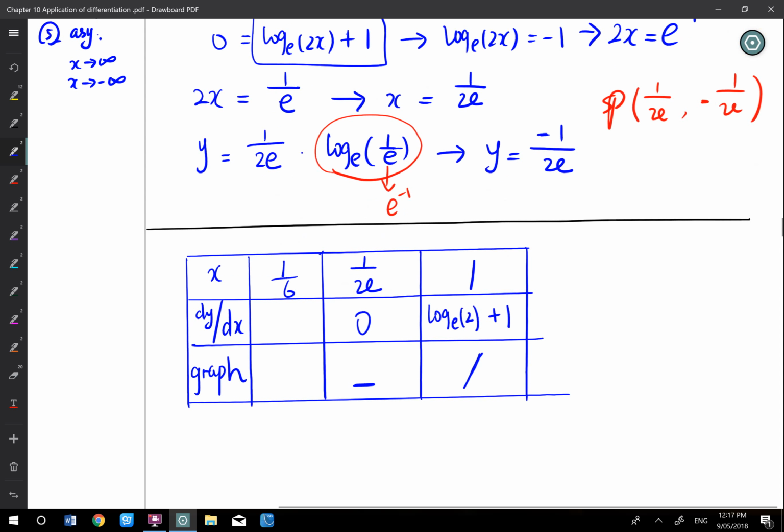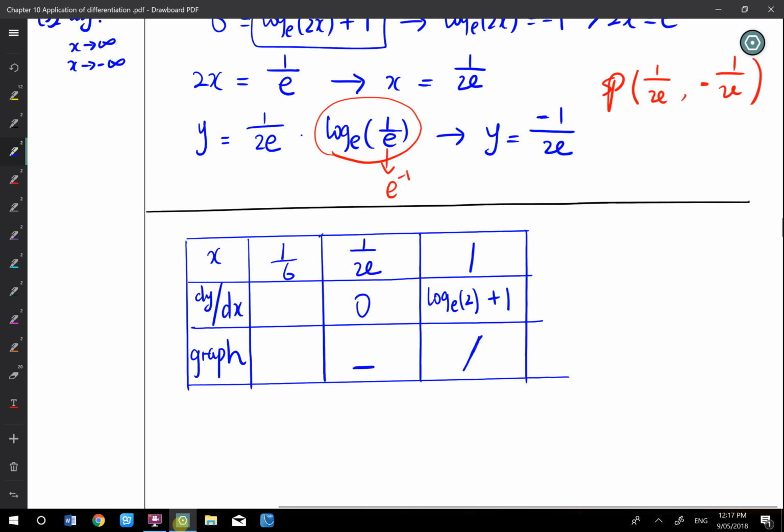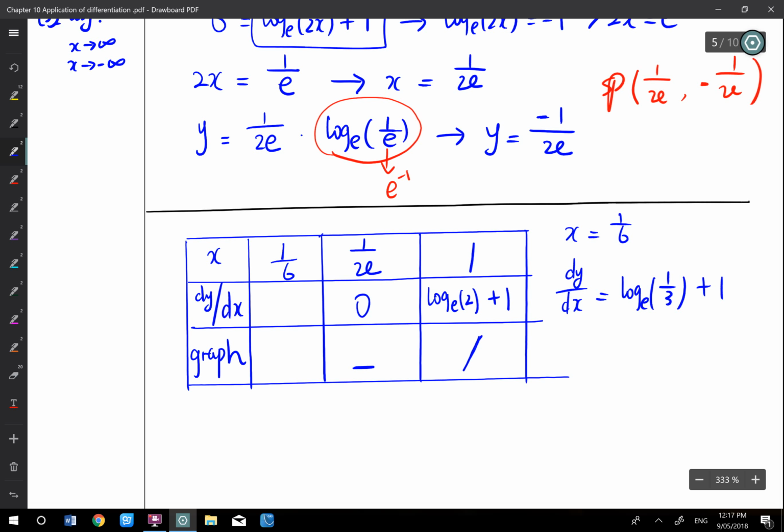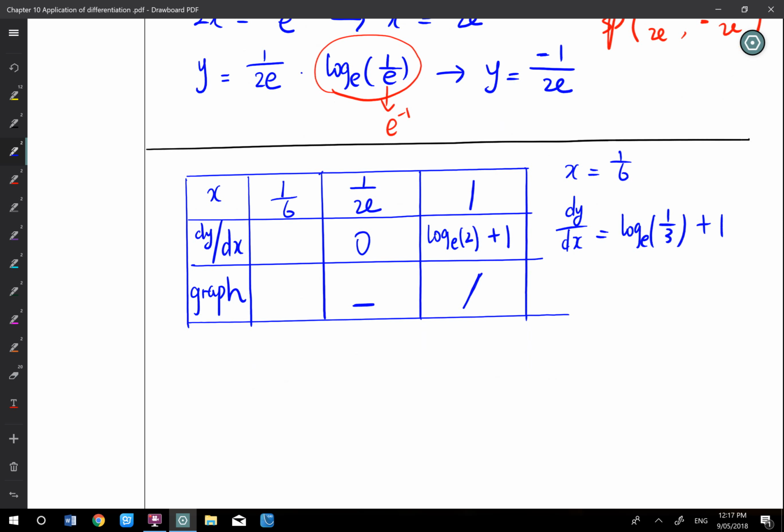If I put 1/6 there, x equals 1/6, my dy/dx equals log e of a third plus 1. Right? Do you know if log e of a third is positive or negative? We learned this before. How do you decide? Give me an answer. Have a guess.